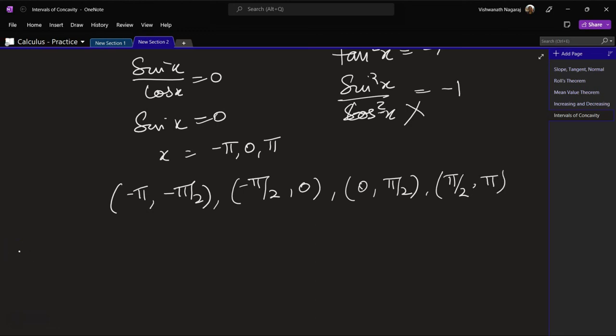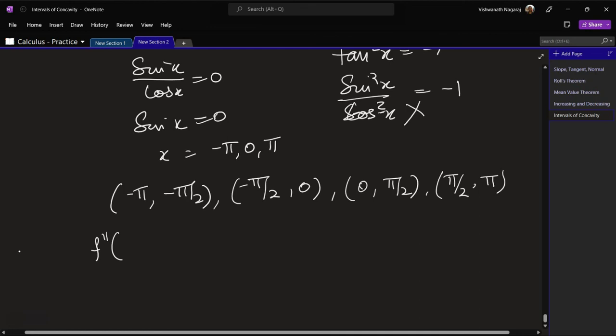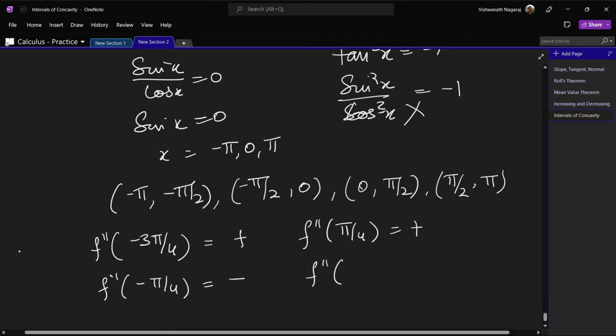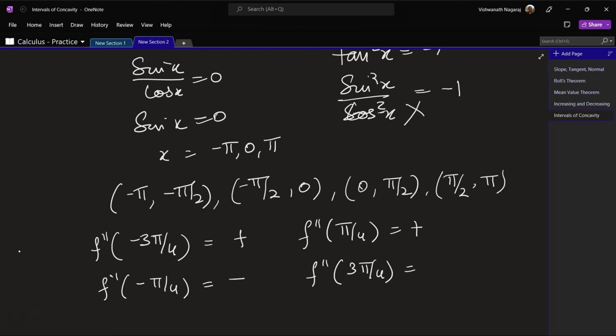Okay, now let's figure out the concavity. f double prime of something in between -pi and -pi by 2, so -3 pi by 4, is equal to a positive number. f double prime of again something between -pi by 2 and 0, so -pi by 4, is equal to a negative number. f double prime of pi by 4 is a positive number, and f double prime of 3 pi by 4 is equal to a negative.